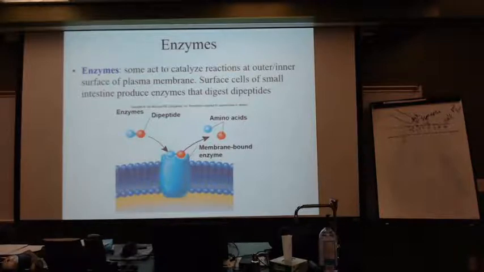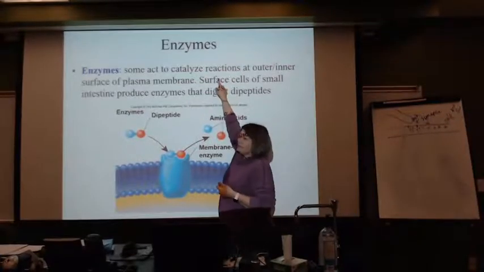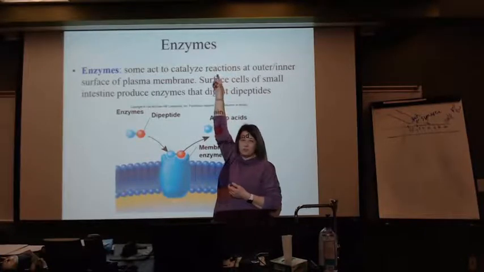So now I can have a protein in the plasma membrane of a cell that can now be an enzyme, meaning they can help with reactions.